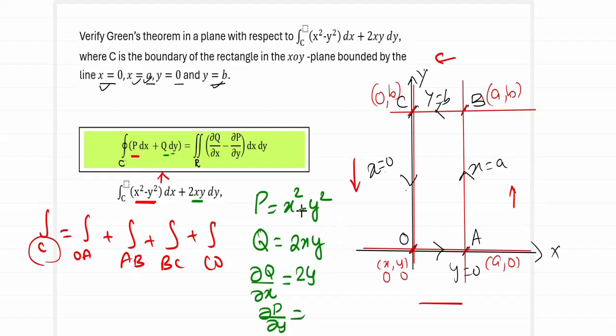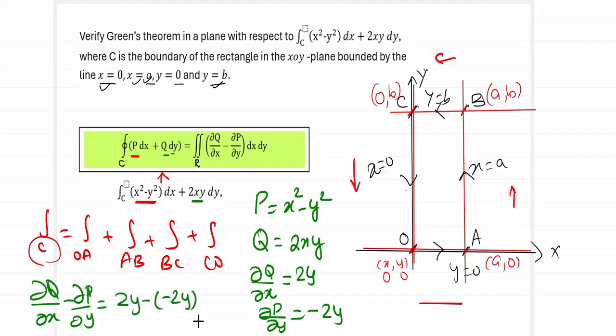With respect to y, the first term becomes 0 and the second term gives me minus 2y. So I have ∂Q/∂x minus ∂P/∂y. When I subtract ∂P/∂y from ∂Q/∂x, what will I have? I will have 2y minus of minus 2y. So the total value will be equal to 4y.